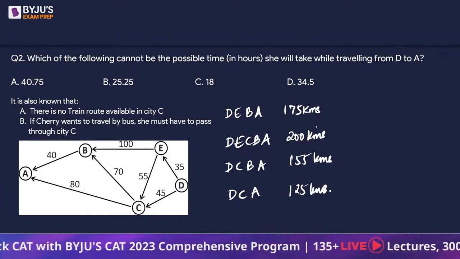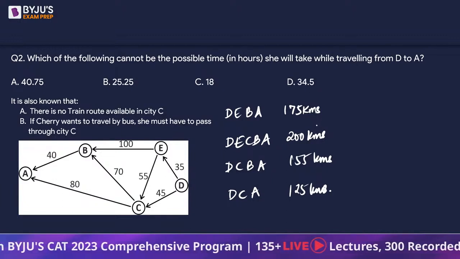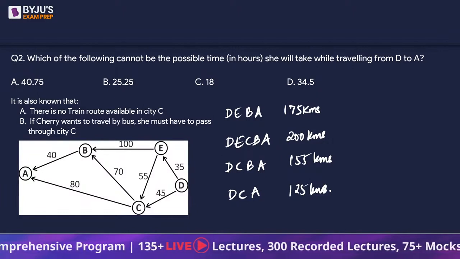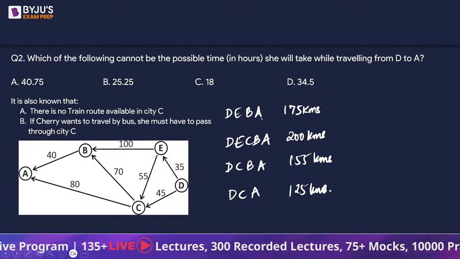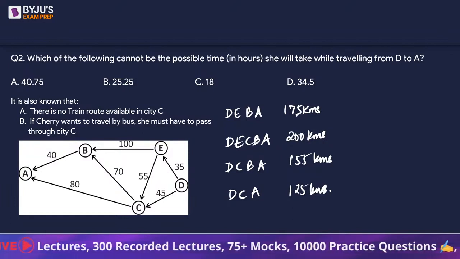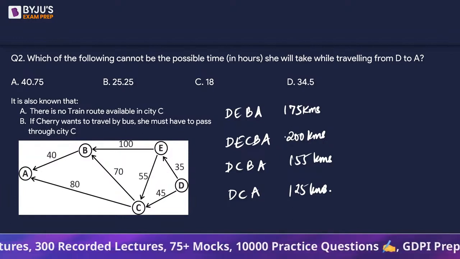Okay. So if we look at DEBA, if it was supposed to be taken only by bus, it's not possible. Can it take the train? Yes, it can take the train.